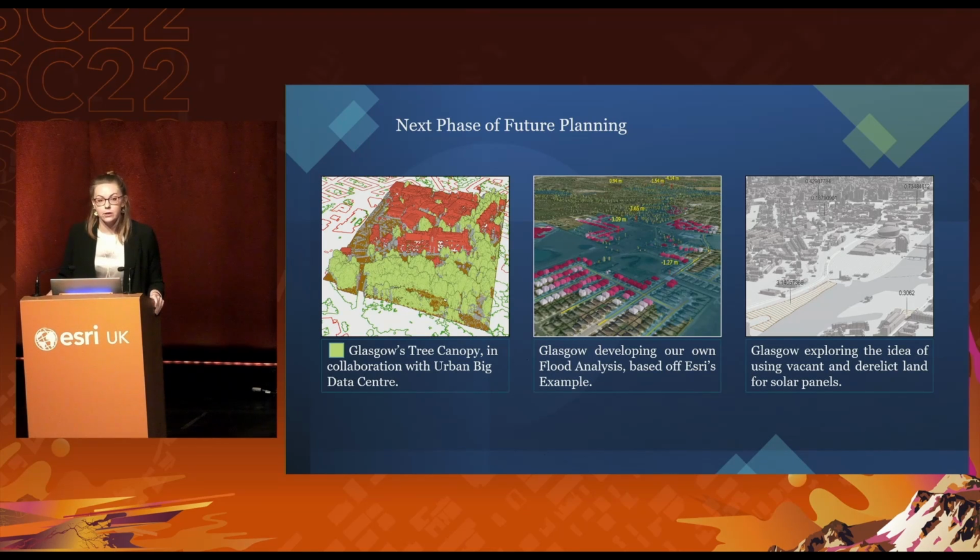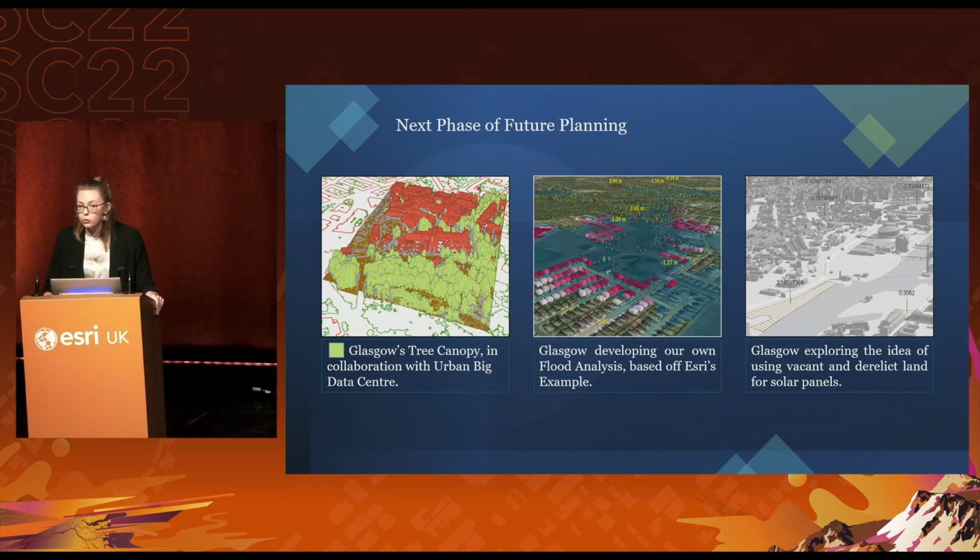So the next phase for future planning. We need to expand upon our environmental twin model, developing the tree canopy with our urban big data centre's latest LiDAR scan. It's important because we need to tie this into our urban strategy, our open spaces, but also expand upon our biodiversity and flood mitigation.